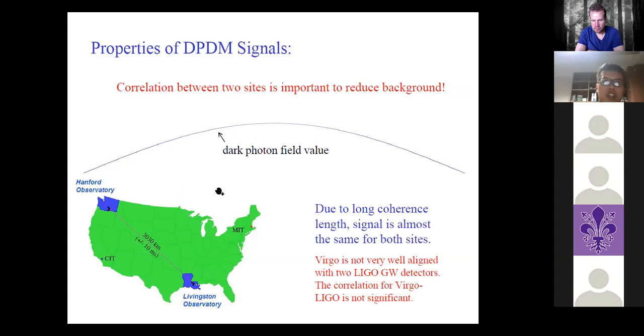And so the signal induced by the dark photon dark matter background field on these two detectors are almost the same. So the signals are correlated. That means the signals from these two detectors are correlated. And we can use the correlation between these two detectors to suppress the noise in the analysis.